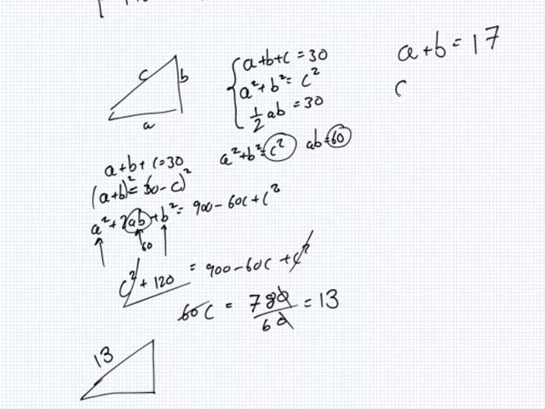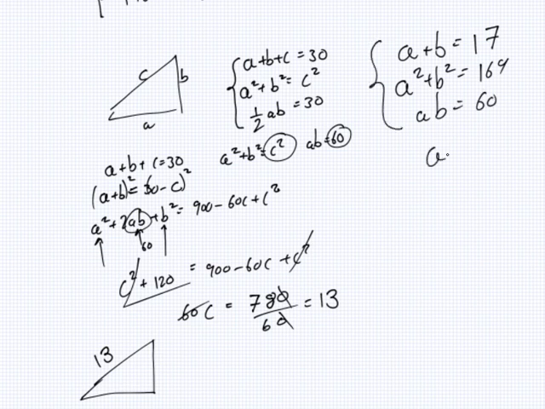I can also say A squared plus B squared equals 169, yeah, and AB equals 60. So you'll end up getting 5 and 12 probably for A and B. Nice. Makes me happy.